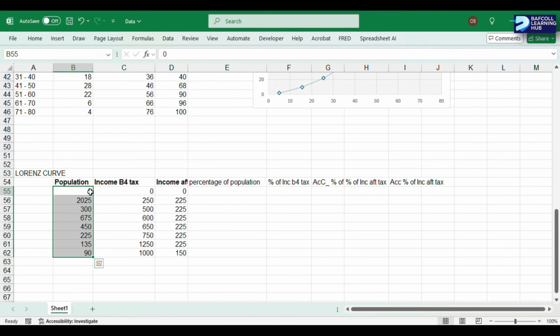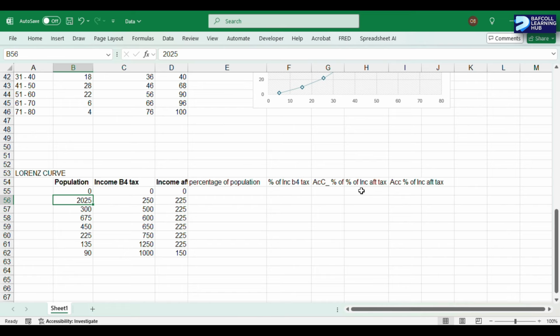So we have our population, the income before tax and income after tax. I'll first compute the percentage of the population, then the percentage of the income before tax and the percentage of the income after tax.